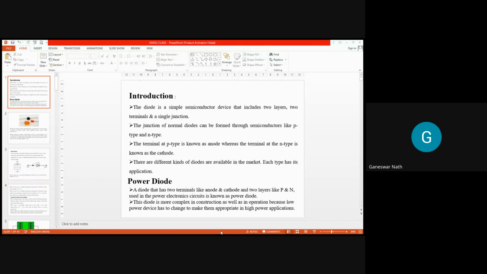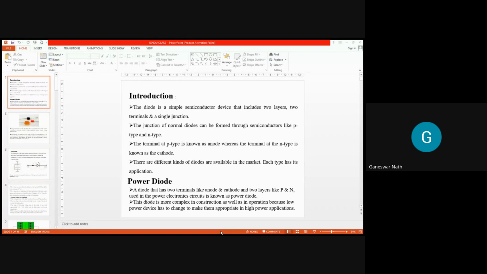Now in the market, different types of diodes are available. Depending upon the different requirements, their efficiency and function, we have different classifications of diodes. Particularly in this module we will discuss the power diode, LED, laser, solar cell, photodiode, varicap, PIN diode, tunnel diode, and Gunn diode.